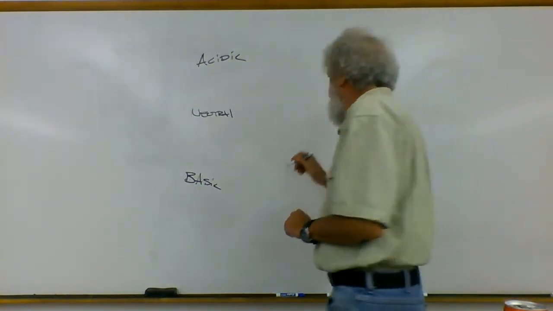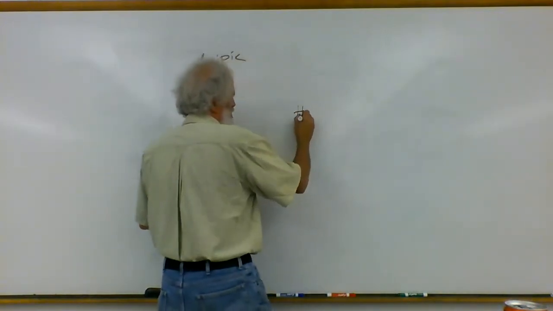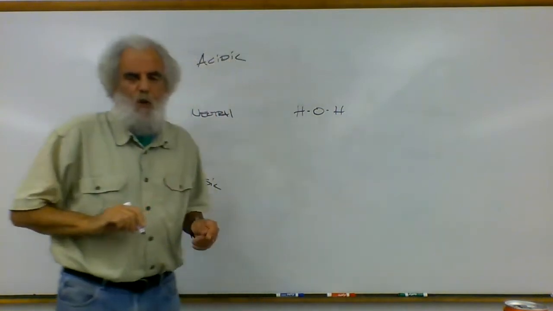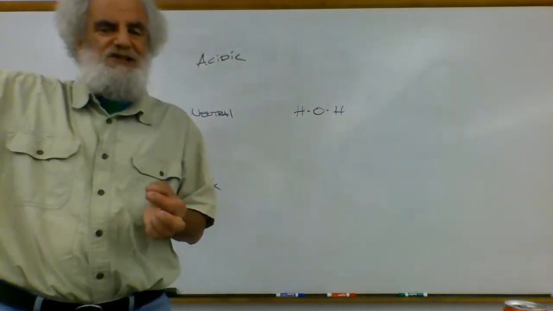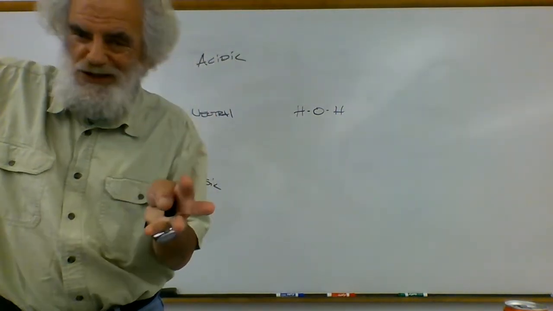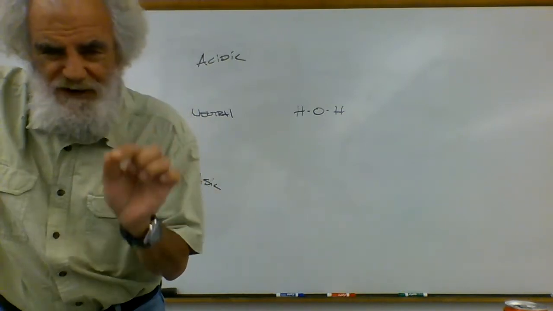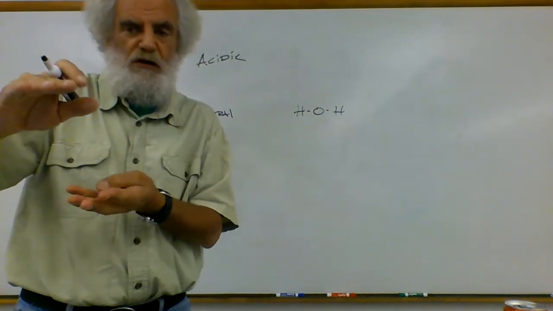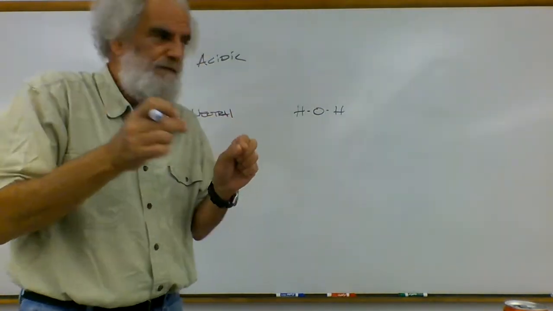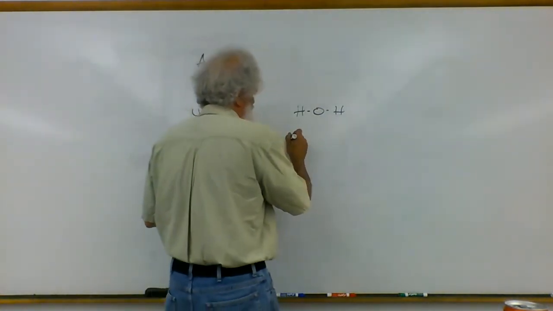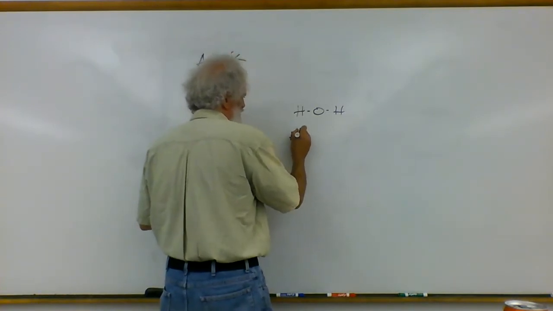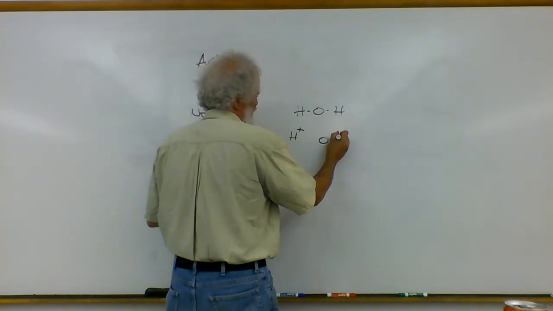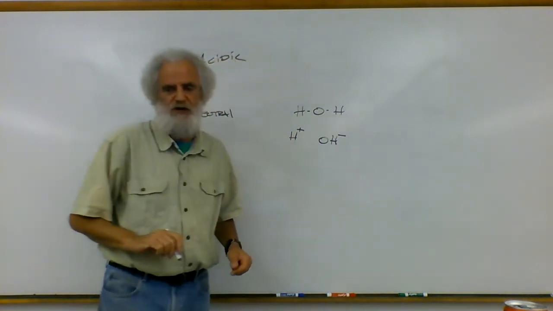So water, which is HOH, water will spontaneously break apart, but not much of it does. A very, very small fraction of it in a liter of water will be split apart. And it will generate 2 ions, a hydrogen ion and what's known as an OH group, or a hydroxyl group with a negative charge.